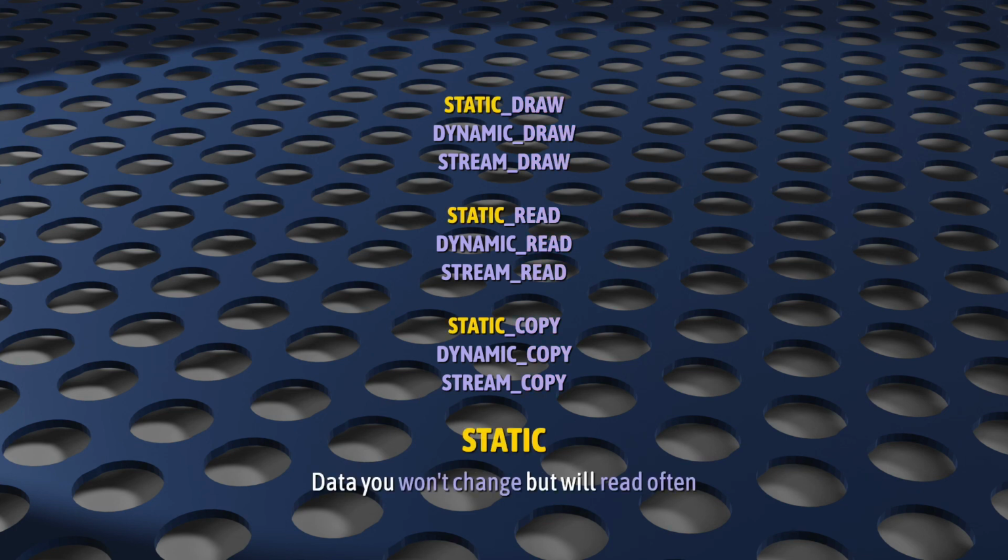Static is for data that you don't intend to change, but that you'll read often. Consider this for data that you consider immutable, so not your first choice for a buffer that you'll use for transform feedback. Dynamic is for data that you intend to change often and read often. For transform feedback and double buffering, this is what you'll be using most of the time. And stream.